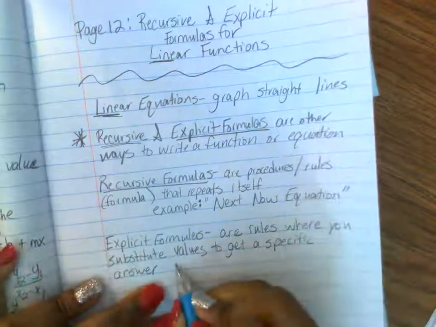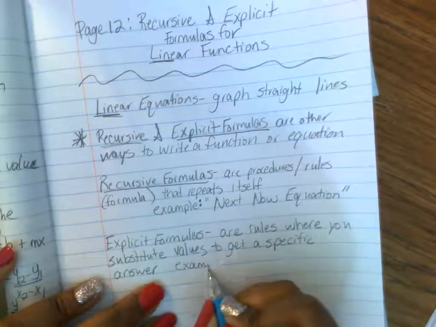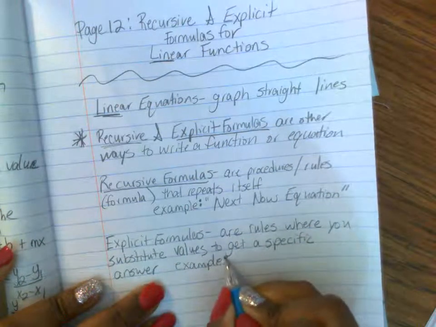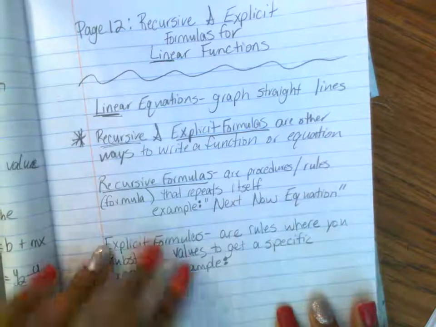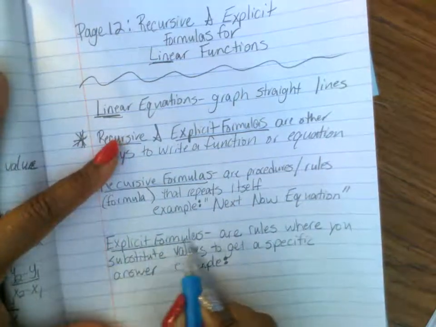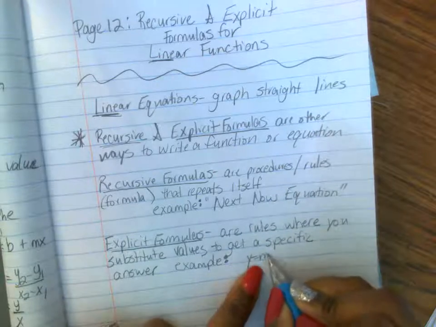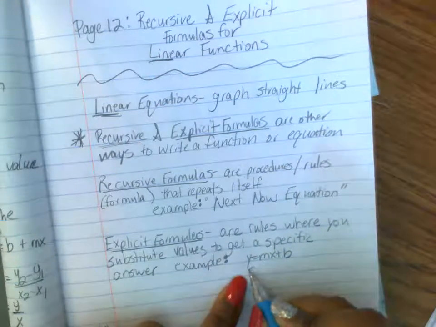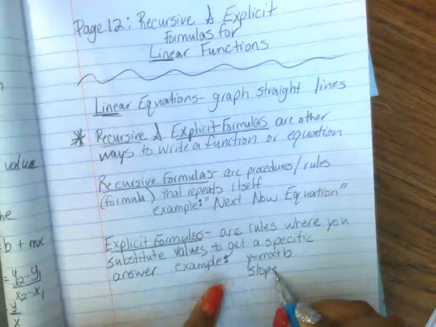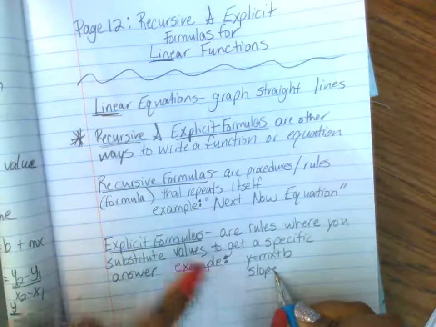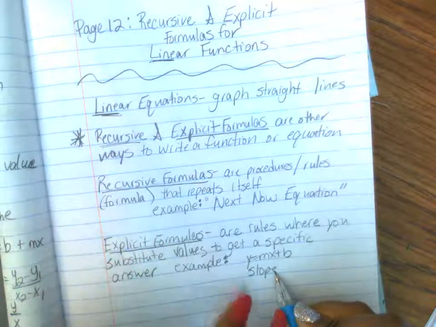The example for explicit formulas are y equals mx plus b. Equations that are written in slope-intercept form are already written as explicit formulas.